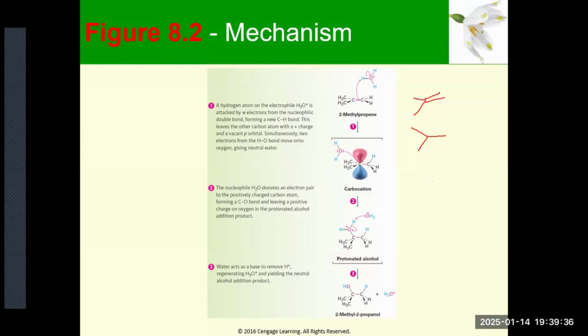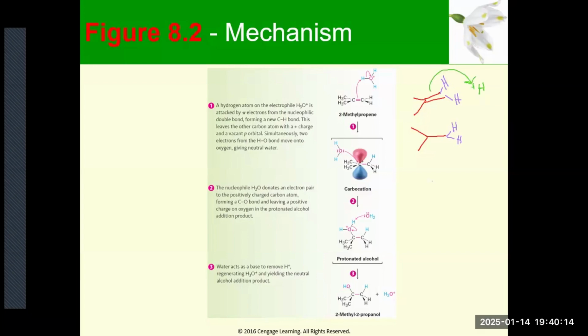If you remember Markovnikov's rule, the hydrogen is going to go on the side where it's richer, where there are more hydrogens. And that will lead to the more stable carbocation. If you look here, you have 2 hydrogens on one side, and on the other side, there are no hydrogens.